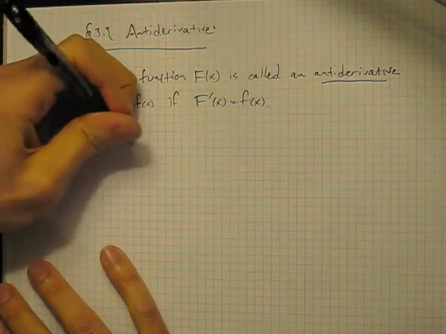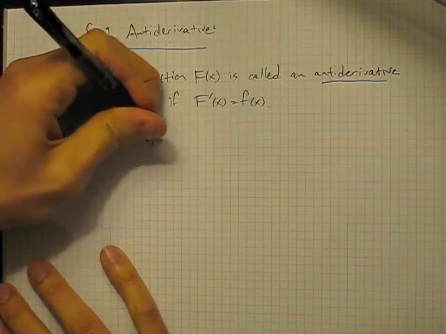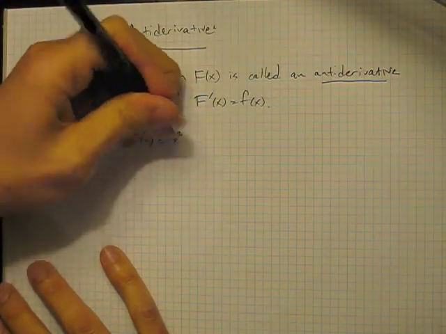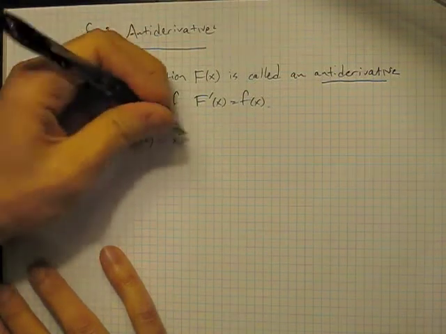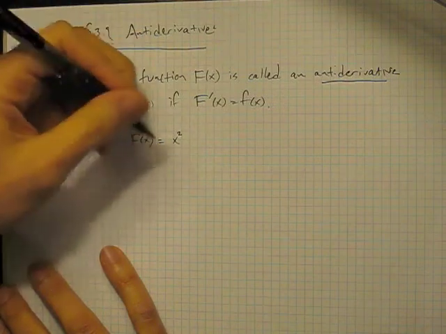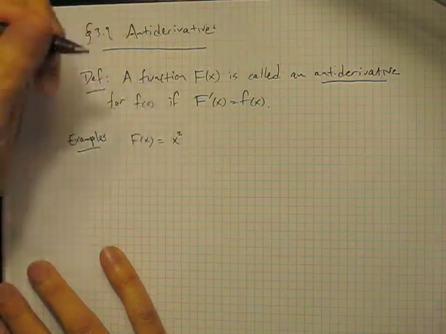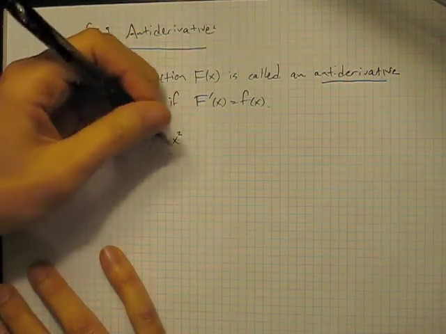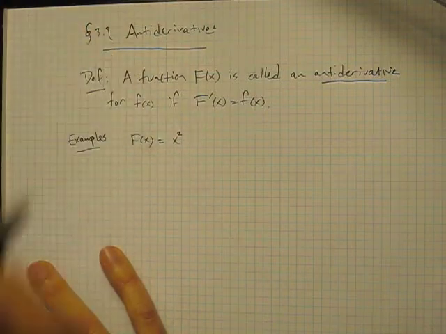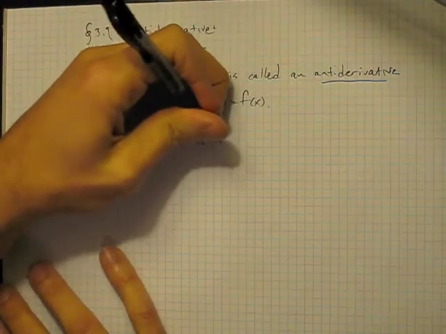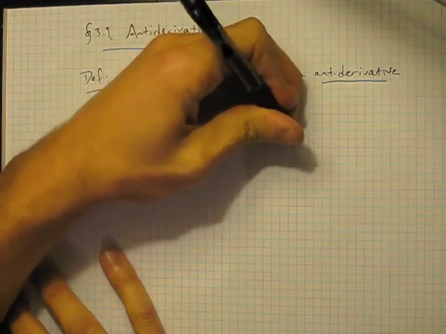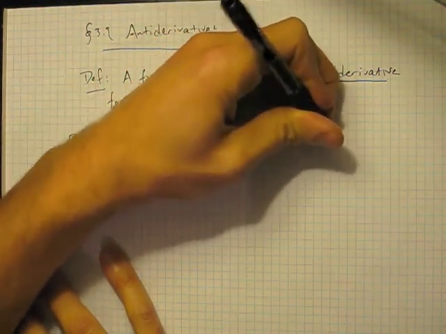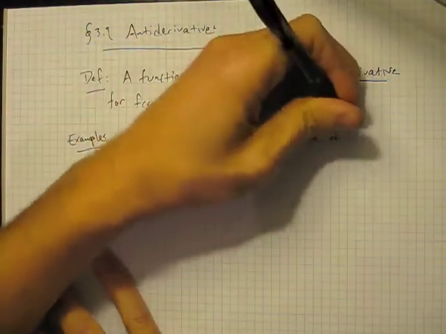So we could consider an easy function like x squared. Let's try x squared here. So this function is the antiderivative of this function.